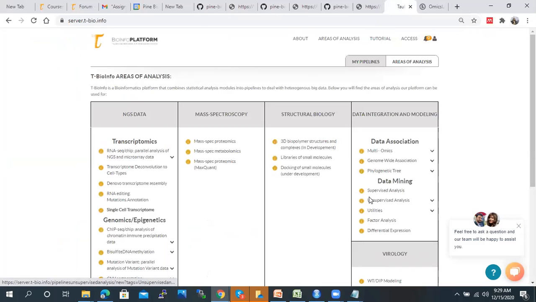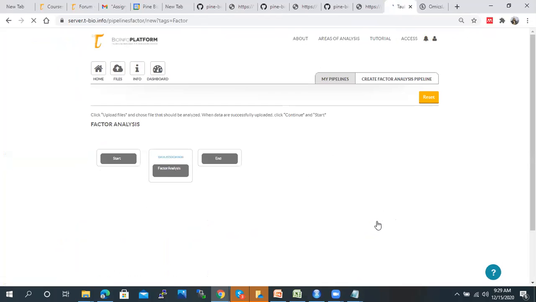Here under the data mining, we have this tool that is factor analysis. If you click on this factor analysis, how many of you are able to download this file? This is already quantile normalized data. Yes, that's great if you're able to download that. So now let's proceed with factor analysis.